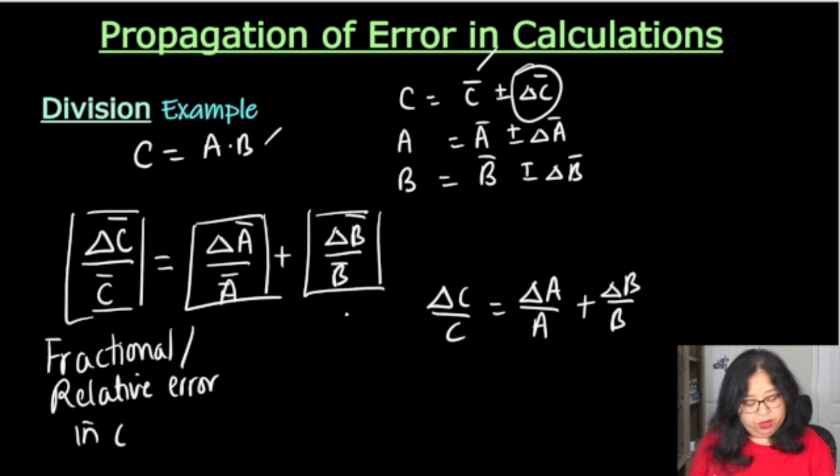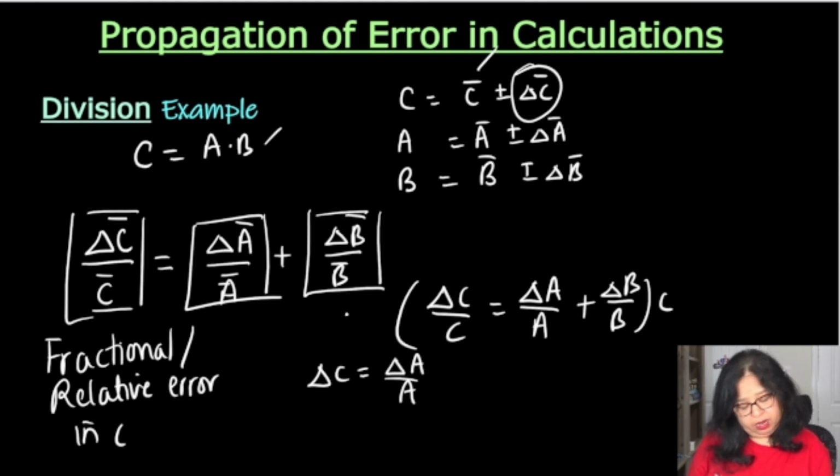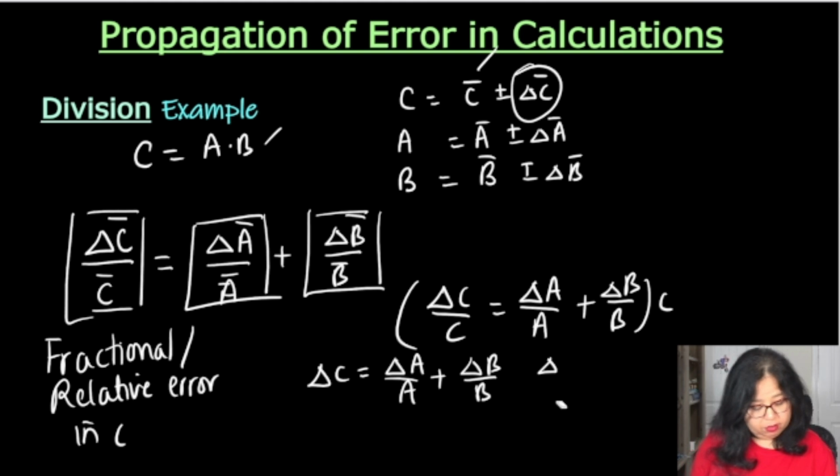Now, if we're interested in finding delta C, multiply both sides of this equation by C. And that will give you delta C equals delta A over A plus delta B over B, times C.